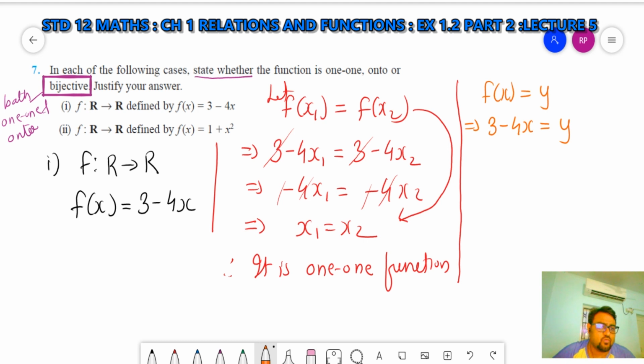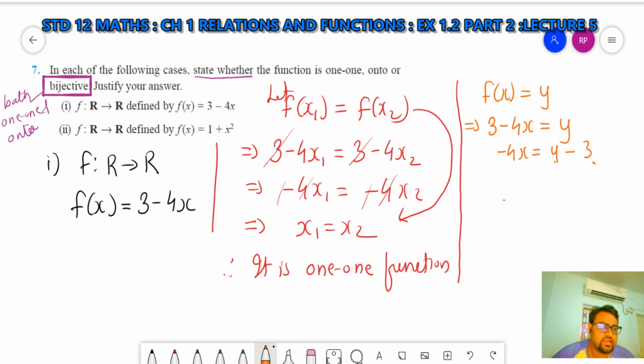Okay, so minus 4x equal to y minus 3. Sorry, my mistake, here it will be y minus 3, so let me change it.